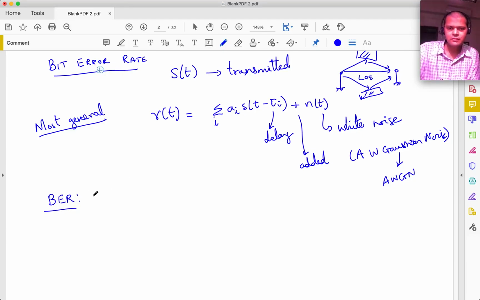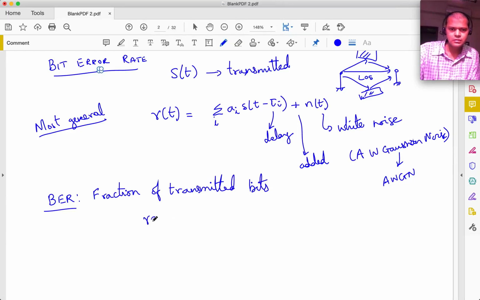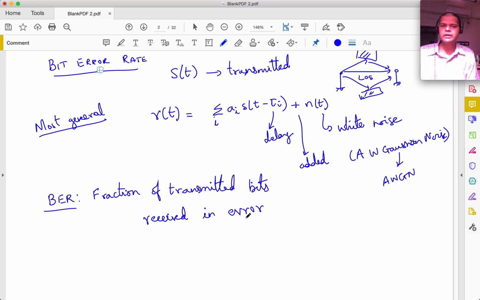It's the fraction of transmitted bits which are received in error. You want this to be as close to 0 as possible.